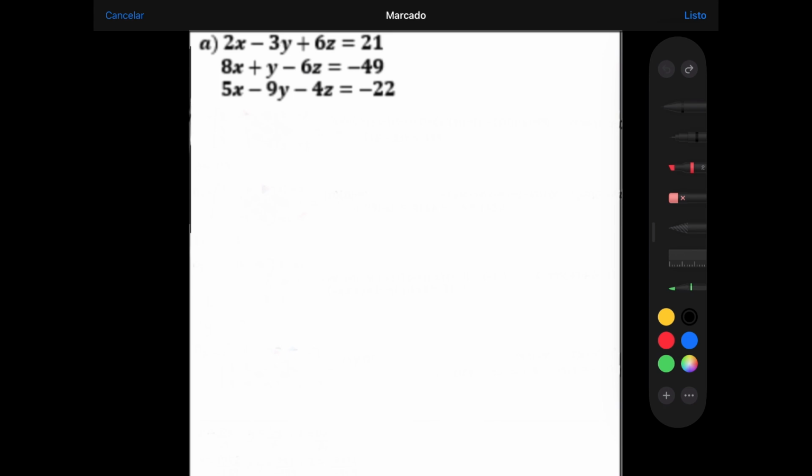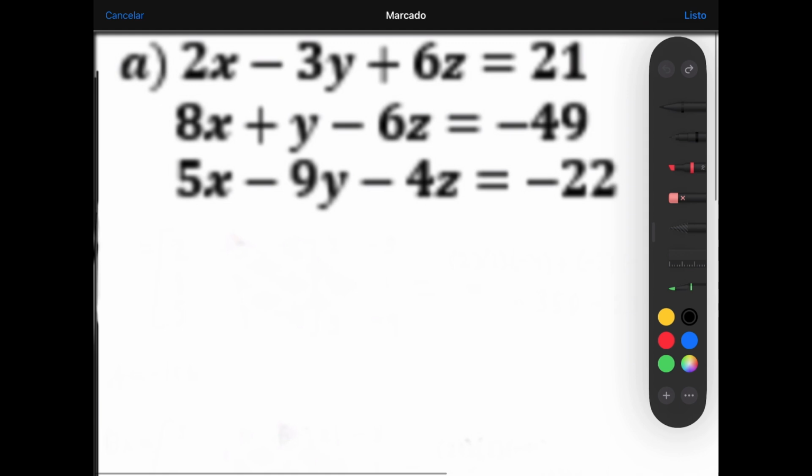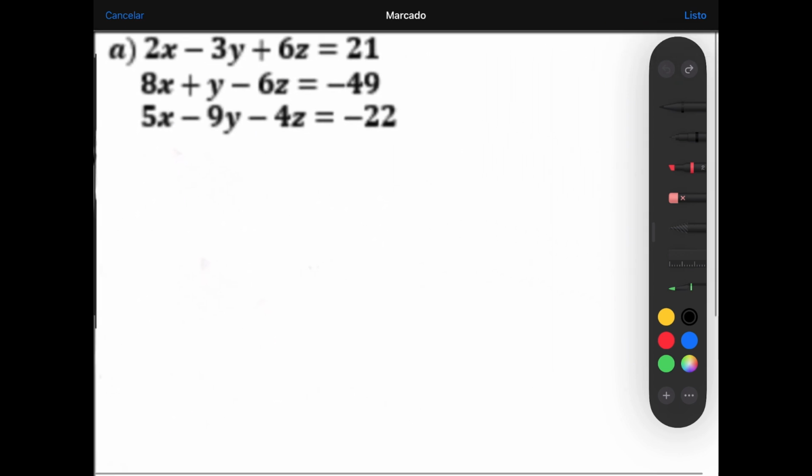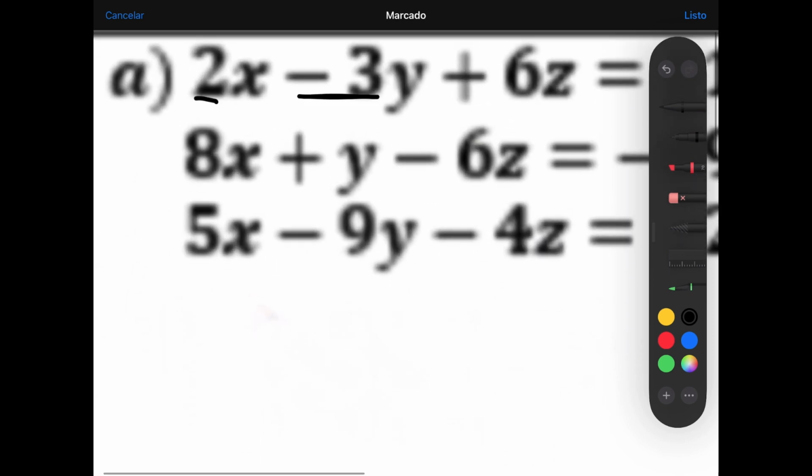So first, like I said, we need to calculate all of the A and the Bx, but first let's just focus on A. So first, we're going to write only the coefficients with brackets. So these ones.